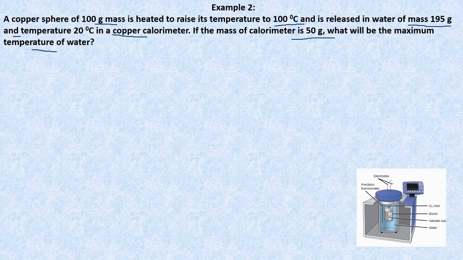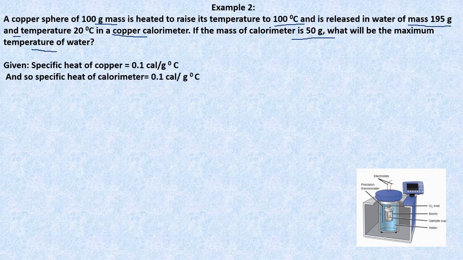The copper sphere is kept in that small container, and outside the small container water is filled in the bigger container. A precision thermometer is put inside the water to measure its temperature. So we have to find the temperature of the water when this copper sphere is placed inside the sample cup.